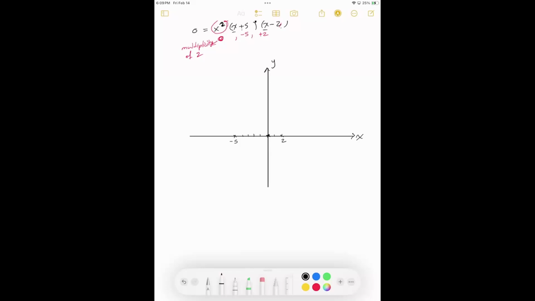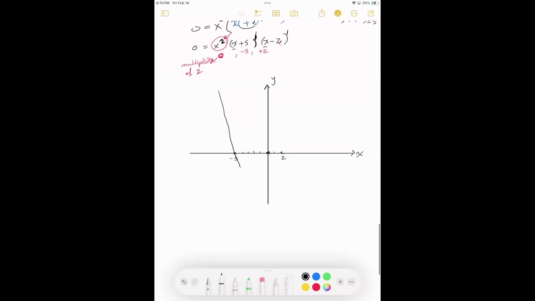My graph starts from the top, goes and crosses negative 5 because this one has an odd multiplicity. It gets crossed. I have a 0 as an x-intercept. It gets touched. And then I have a positive 2 x-intercept with odd multiplicity, so I have to cross it. And that's just a rough graph.